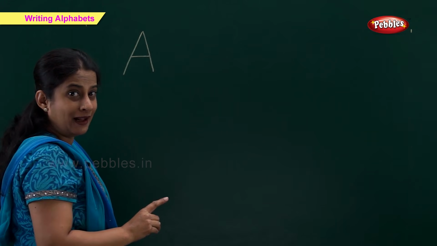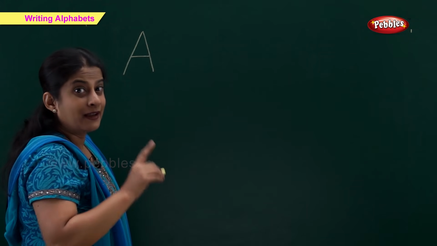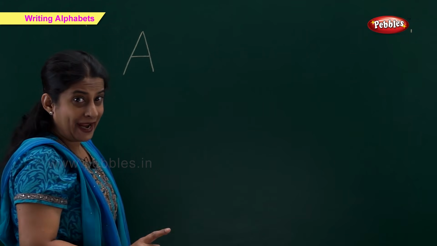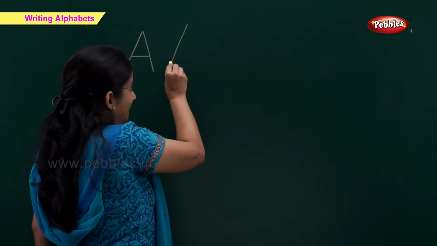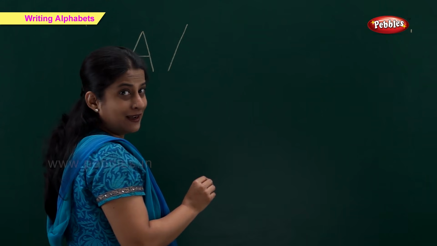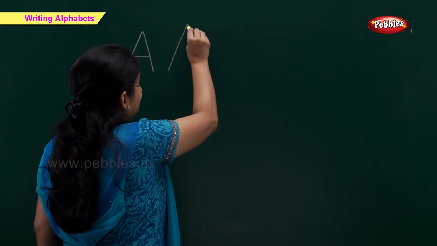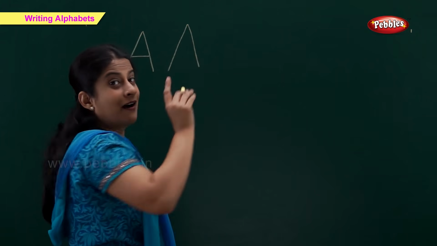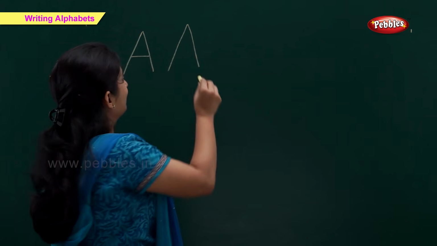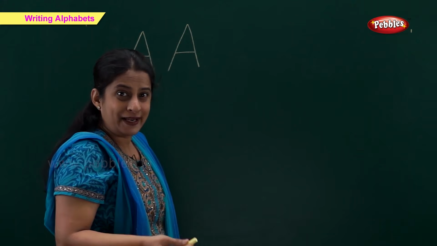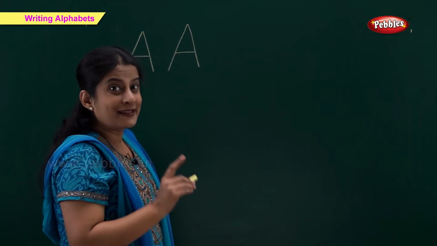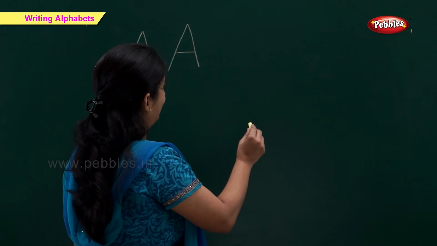And a sleeping line makes alphabet A. Slanting line. Another slanting line. And a sleeping line makes A.